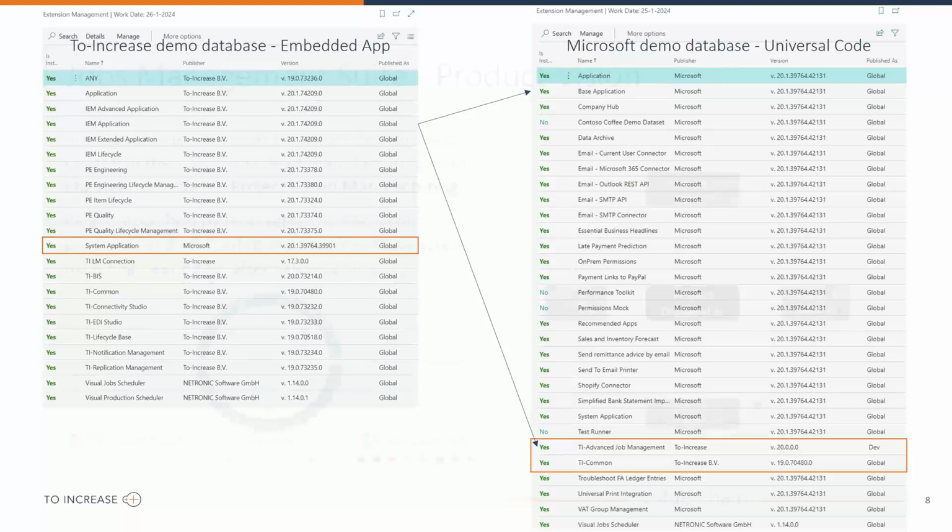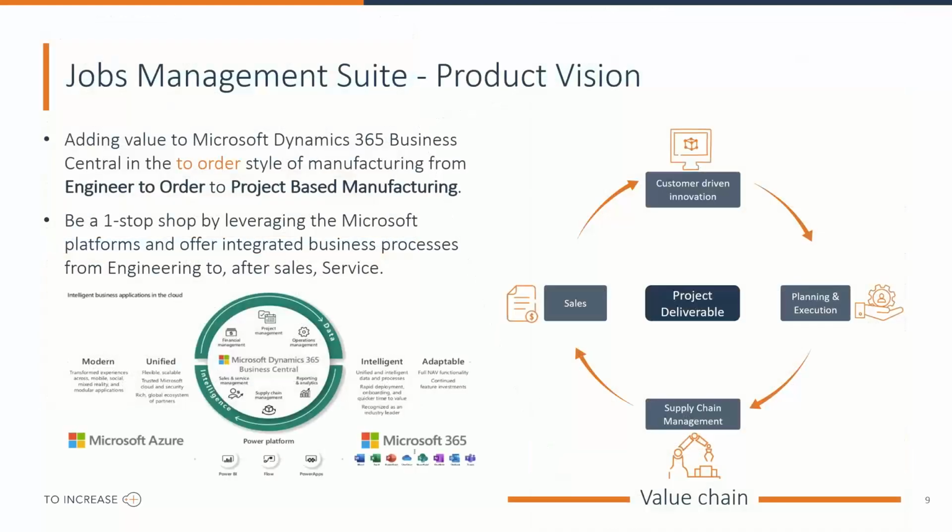extension. Now, what problem are we trying to solve for our customers with this advanced job management, with this jobs management suite? Well, our product vision is that we want to add value to Microsoft Dynamics 365 Business Central in the to-order style of manufacturing.